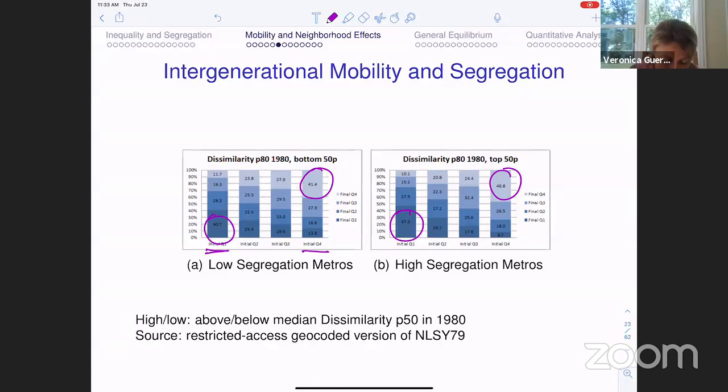And you can see that if you focus on the intergenerational immobility metrics for the high segregation metro areas, these numbers are bigger. So 46.8 versus 41.8 here, and 47.3 versus 40.7. Okay, so this is again additional evidence going deeper into segregation to convince us that there is a link between segregation and intergenerational mobility.